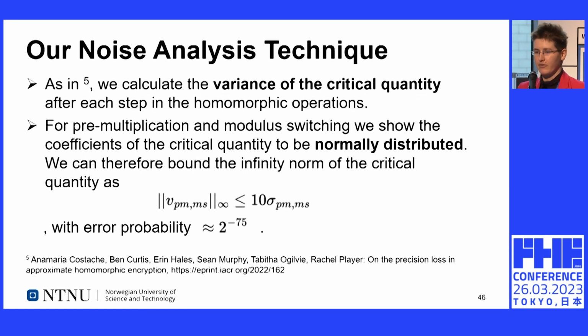And so in particular, we can say that the infinity norm of the critical quantity with the probability of 2 to the minus 75 is not going to be bigger than 10 times the standard deviation. So then at the end of a complete circuit, we can use this bound and the standard deviation for the circuit that we calculated to bound the critical quantity.